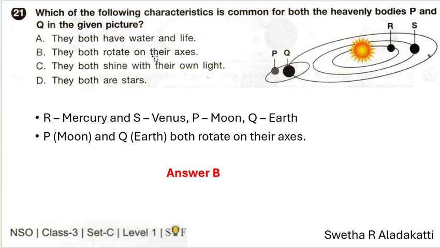Do they both have life and water? No, there is no life found on the Moon right now. They both rotate on their axis. Yes, Earth rotates on its axis and the Moon also rotates on its own axis. They both shine with their own light. No, they don't have their own light to shine. They both are stars. No, they both are not stars. So we go with option B. They both rotate on their axis.